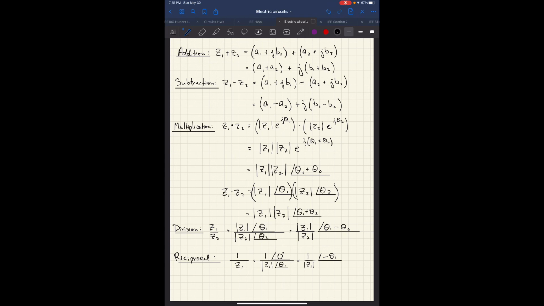Finally, we have one last operation, and this is specifically for complex numbers. It's something called the complex conjugate. If I have Z1 and I want to find the complex conjugate of Z1, I write it as Z1 star. Basically, what I'm doing with the complex conjugate is taking my imaginary part and making it negative.